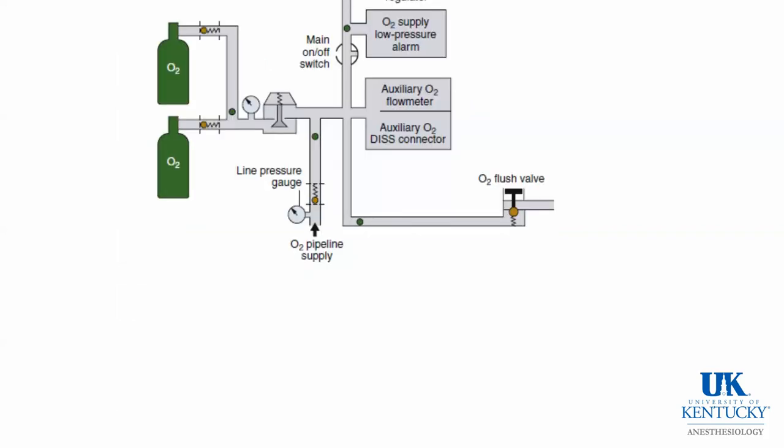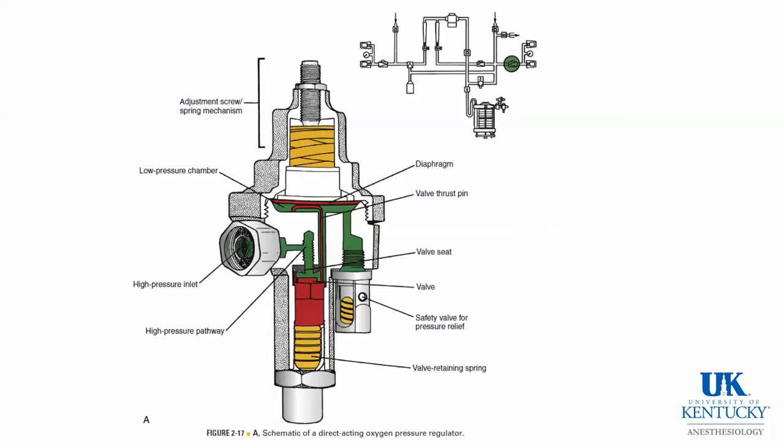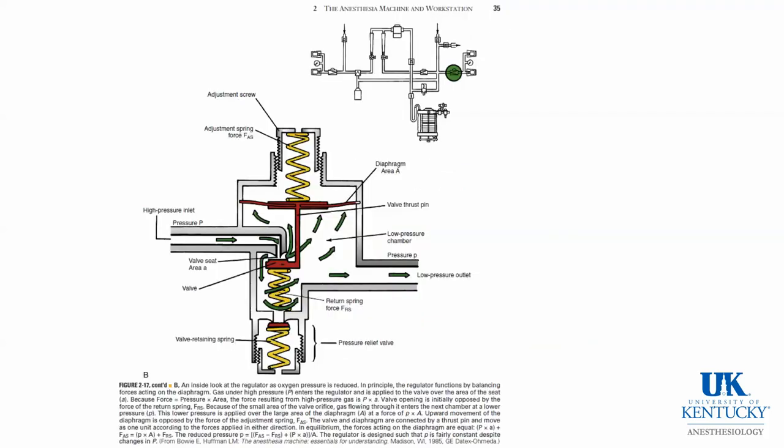This is a zoomed in part of the previous slide, and this schematic shows the working parts of a direct acting oxygen pressure regulator. And as you can see, there are springs and diaphragms and such.